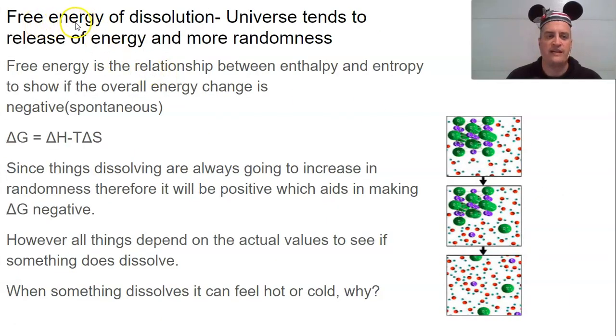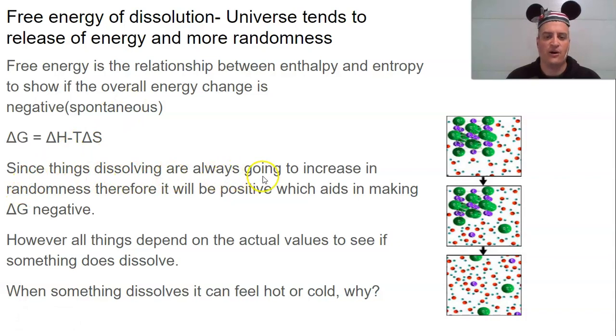So when we think of free energy of dissolution, the universe tends to release energy and more randomness. That's a general concept. Free energy is the energy relationship between enthalpy and entropy. If the overall change, according to this equation, is negative, it's spontaneous, which means it's likely to occur.